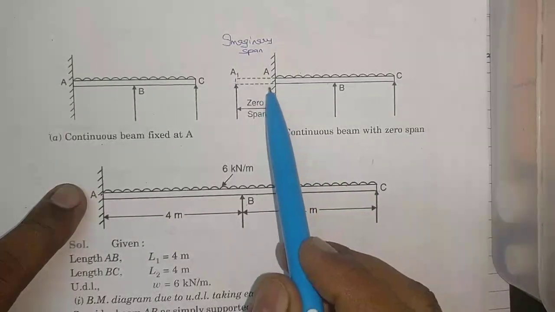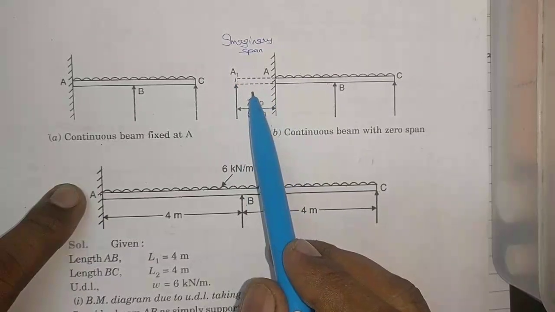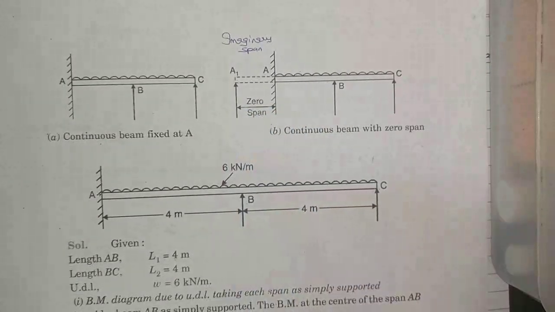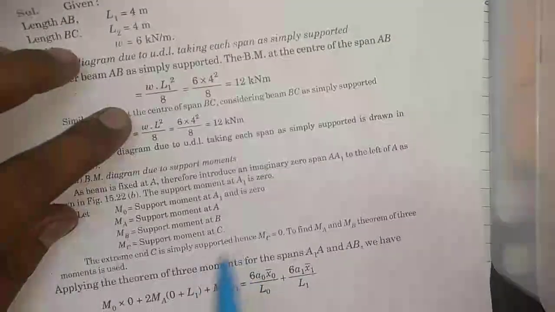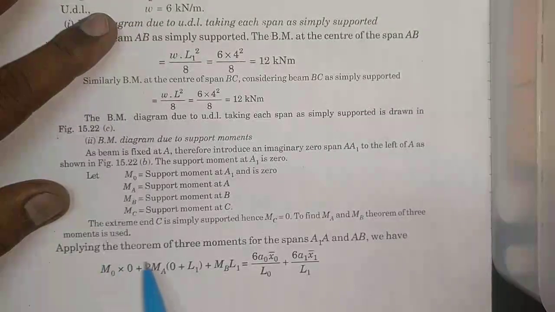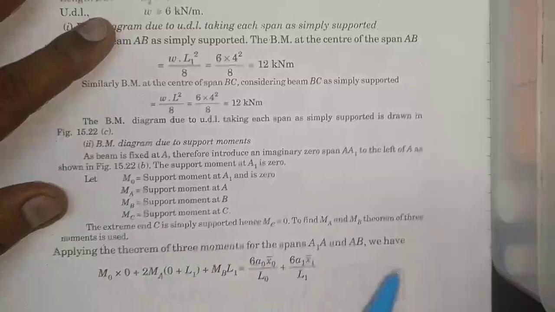For that reason we have to assume one zero imaginary span and then apply the three moment theorem. In the same way, we have assumed a zero span here, and applying the theorem of three moments for the span A1, A and AB, we have this.